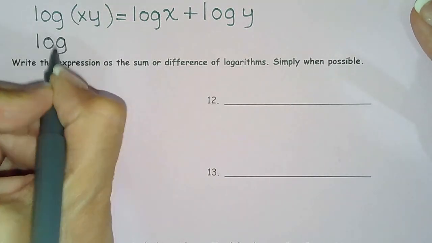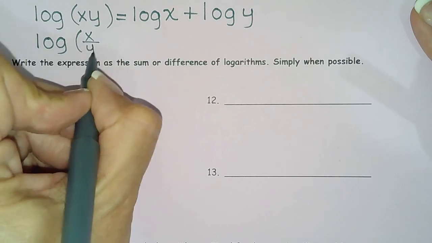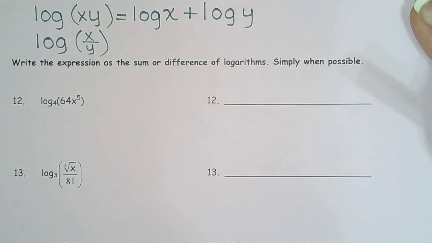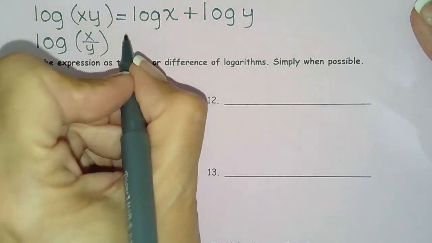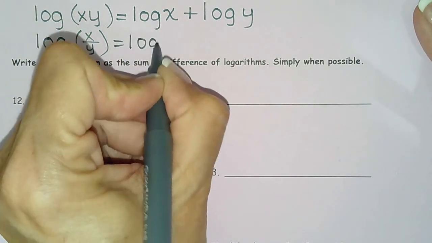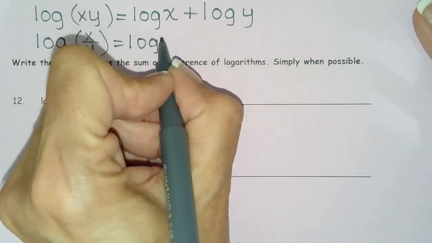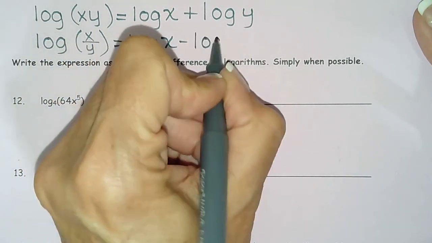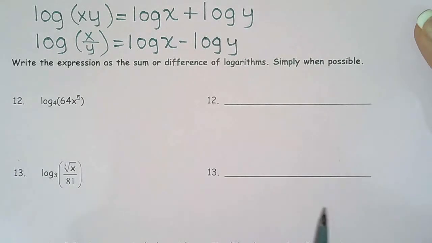Then the next property we learned was the quotient rule. When we divide exponentials, we keep the base the same and we subtract the exponents. Log is the same way. A log of a quotient means subtract the logs.